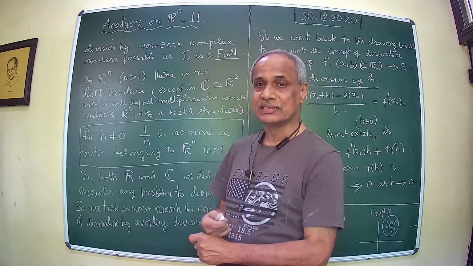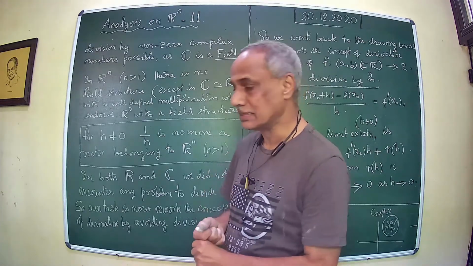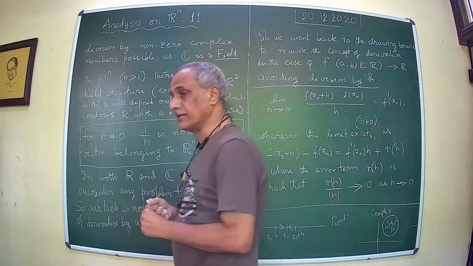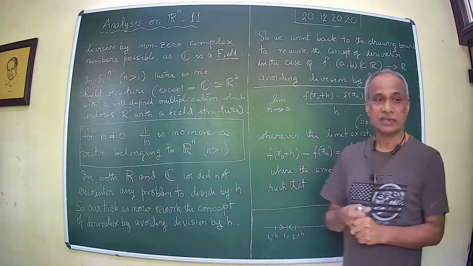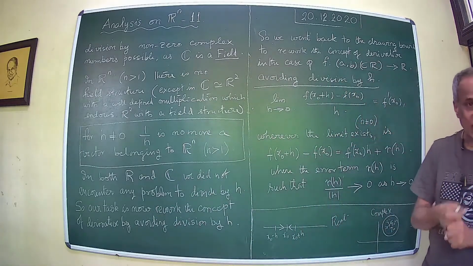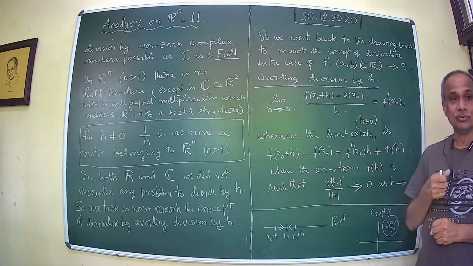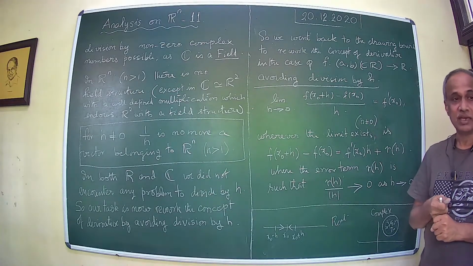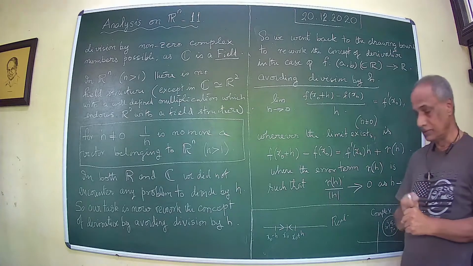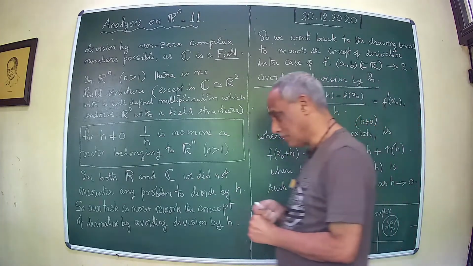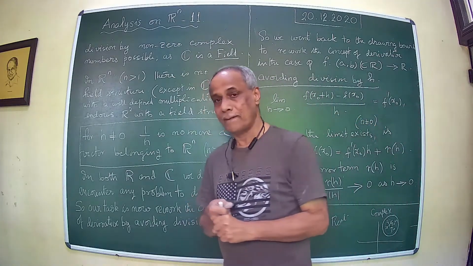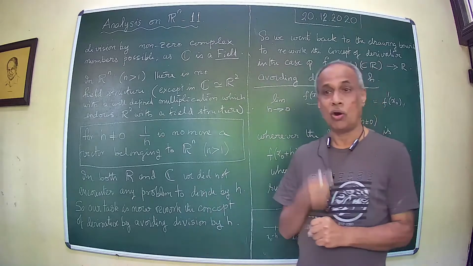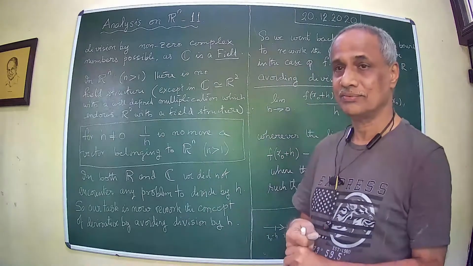That means whenever the limit exists, it has happened under a very, very strong condition. That is why you have a very powerful result which says that if f is differentiable at z0, then derivatives of all orders exist.